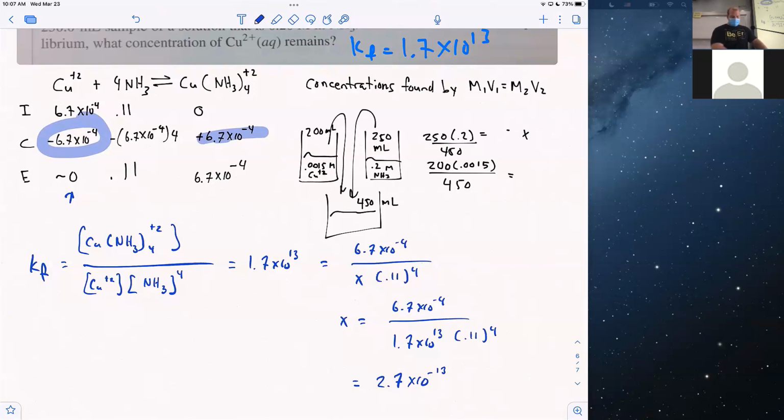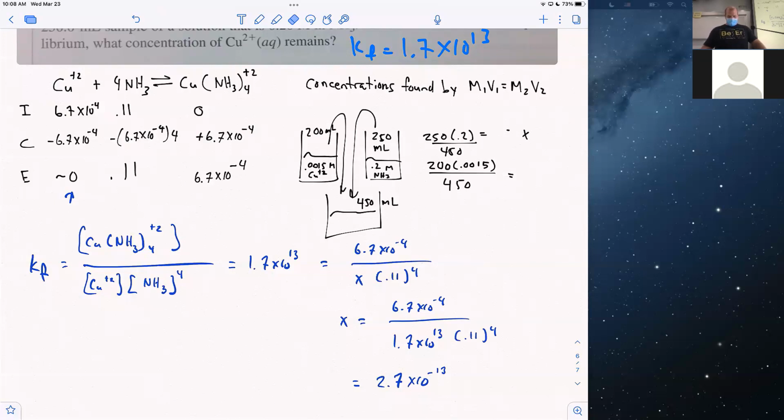When I set up the initial change equilibrium ICE chart, I can say the reaction is going to go almost all the way to the right. The copper is going to be completely consumed, so I can put the extent of reaction pretty much equal to the initial concentration of the copper. That means the amount of copper complex I'm going to have at the end is pretty much the original concentration, because it's a 1-to-1 molar ratio.